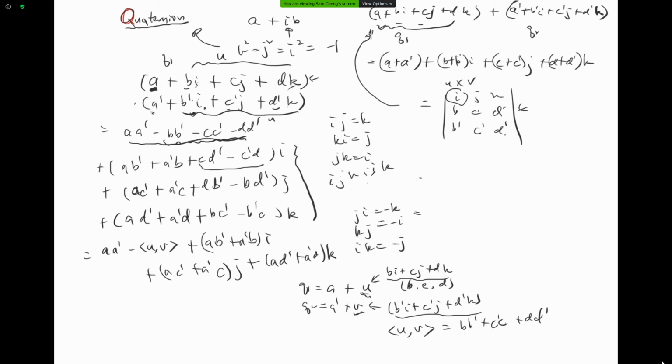But the remaining part here, as you can verify, is really just a cross product, plus u cross v. Something like that.